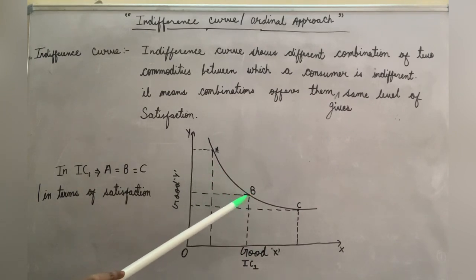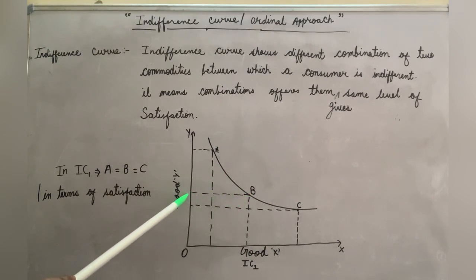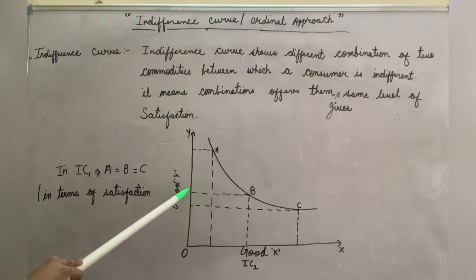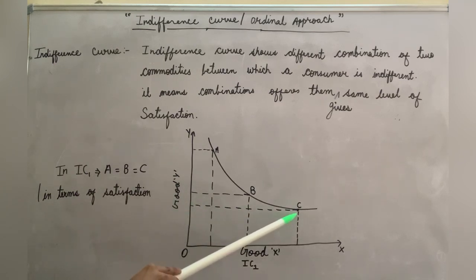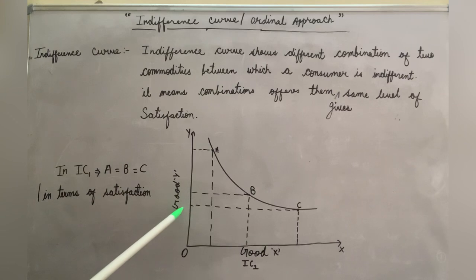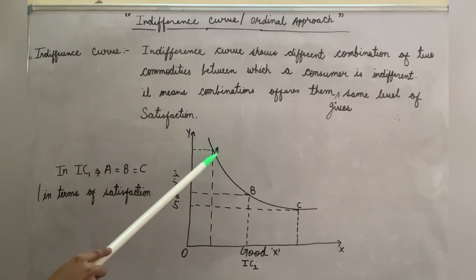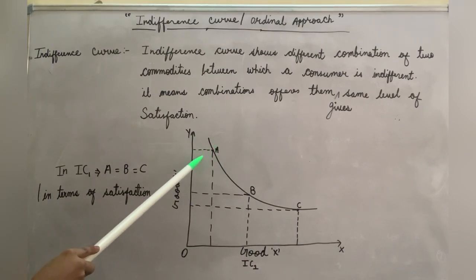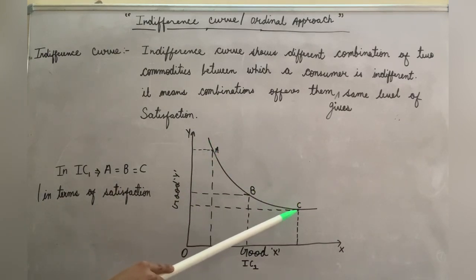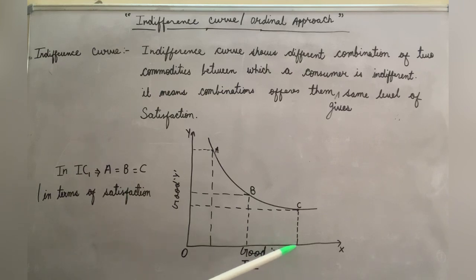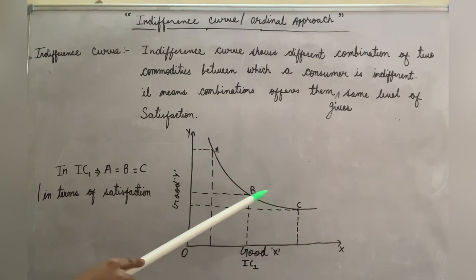At the B combination we are taking this much of good Y and this much of good X. When we go to the C combination, we are taking more of good X and less of good Y. So what we find here is that we are taking more of good Y at point A and more of good X at point C. So these combinations are equal to each other.